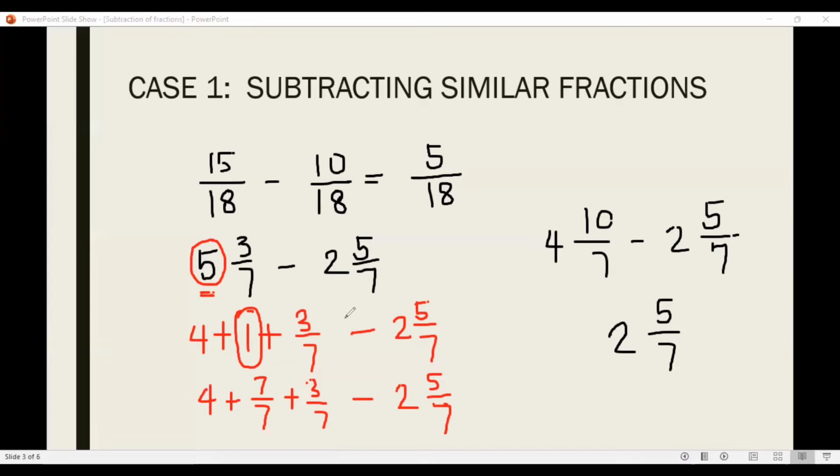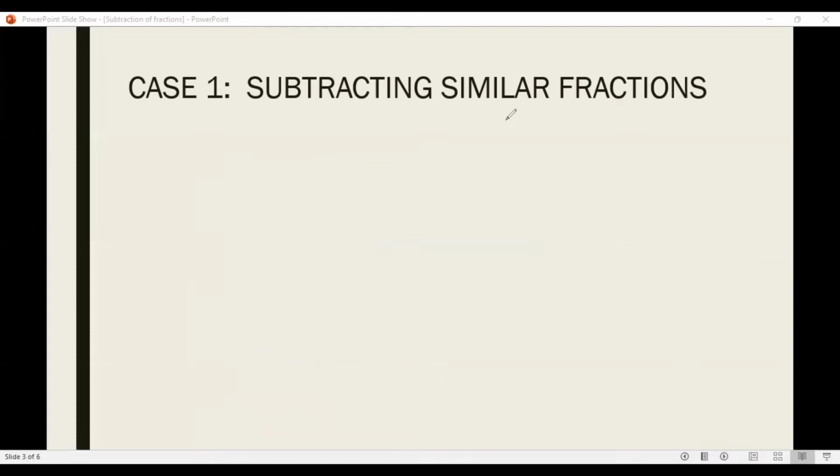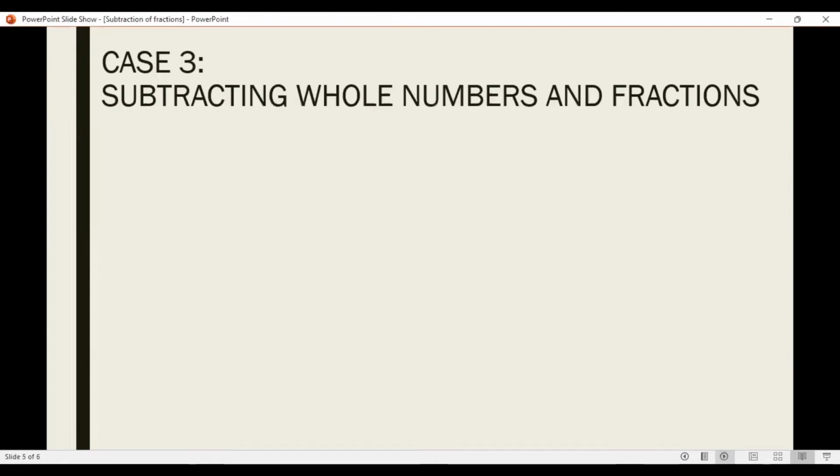Okay, so these are possible problems that may arise when you are adding similar fractions, or subtracting similar fractions, I should say. What about if there are cases wherein the things that we are subtracting are dissimilar fractions?